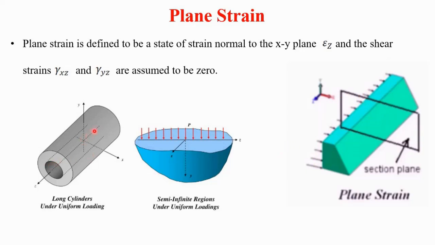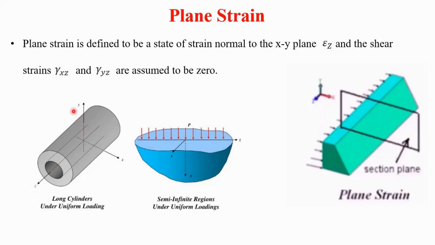Again here we can see a long cylinder under uniform loading. In this case also, some load is acting on the cylindrical surface, and the strain along the z direction is 0.